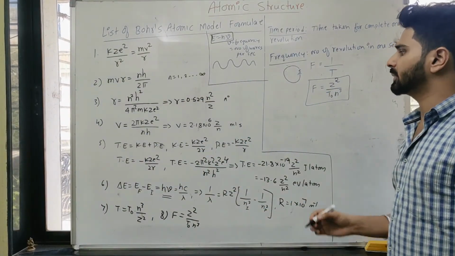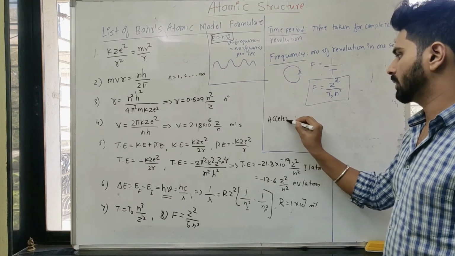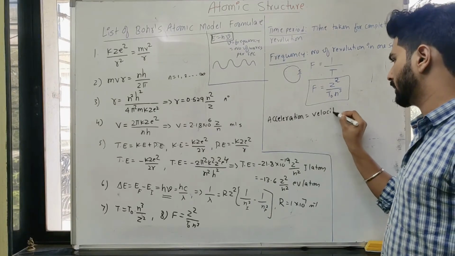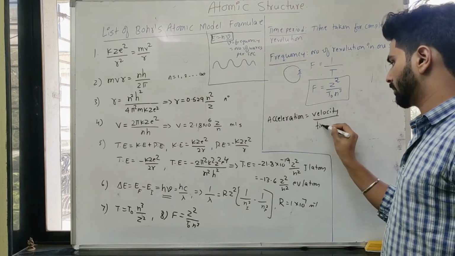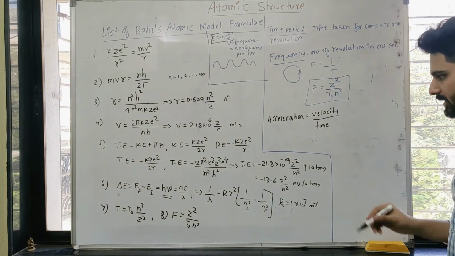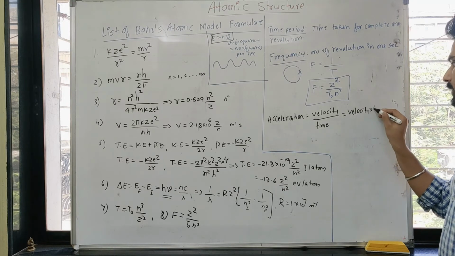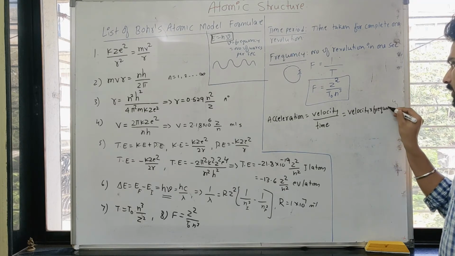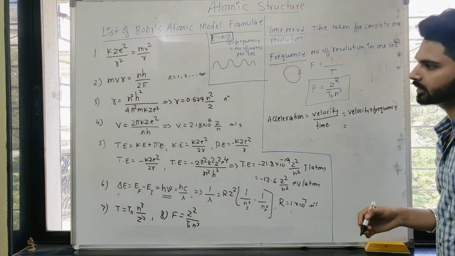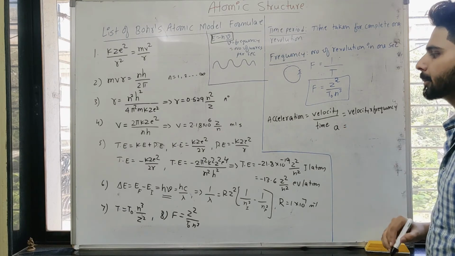Along with this, sometimes acceleration also you have to know. Acceleration we know is velocity upon time, and 1 upon time is frequency, so velocity into frequency. I'll keep acceleration as a.